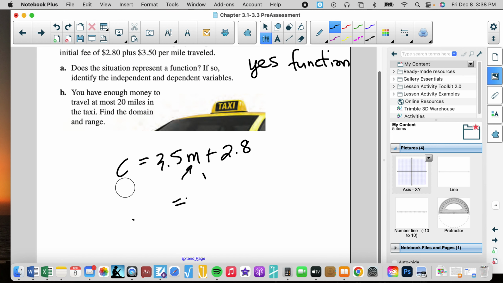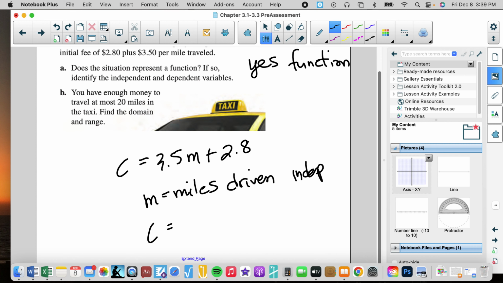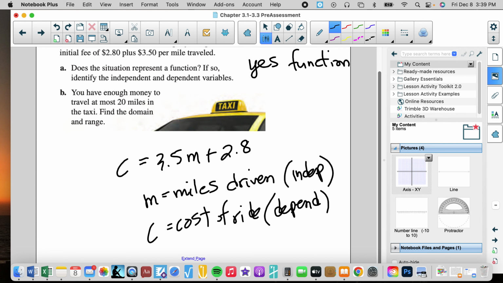We know that m represents the x, so m, or miles driven, is going to be the independent, and c, cost of the ride, is going to be the dependent. The cost depends on the number of miles that I ride in the taxi.